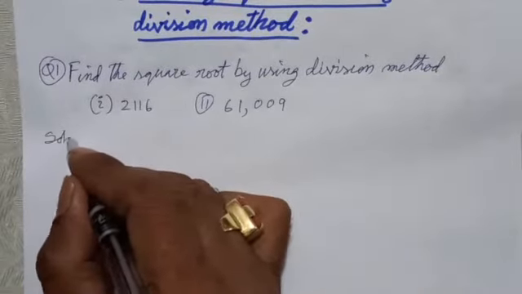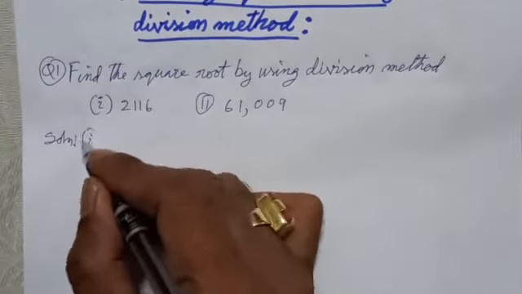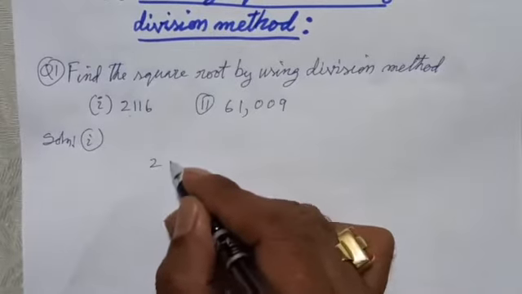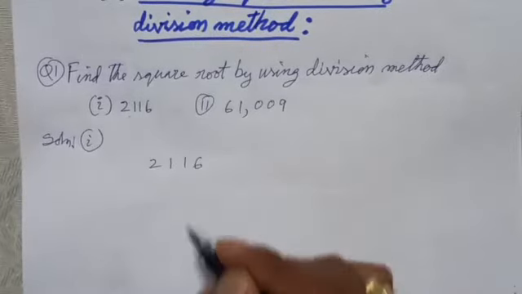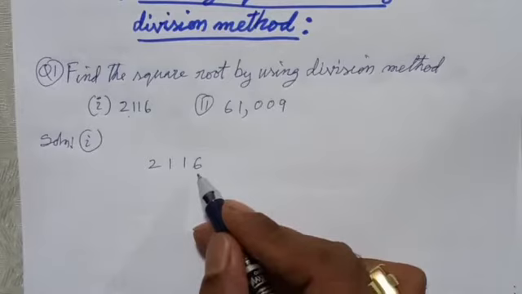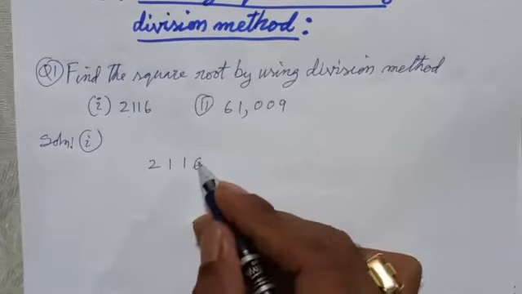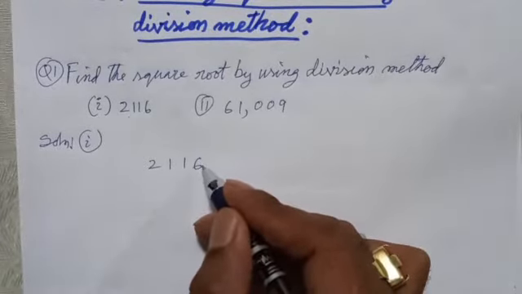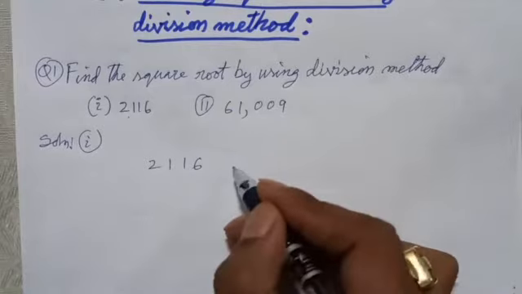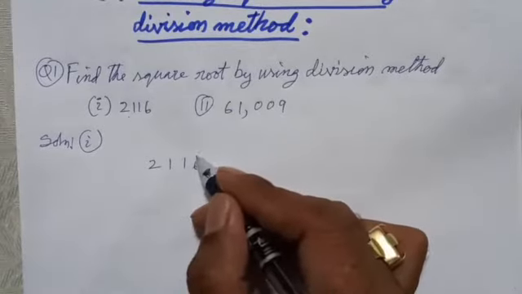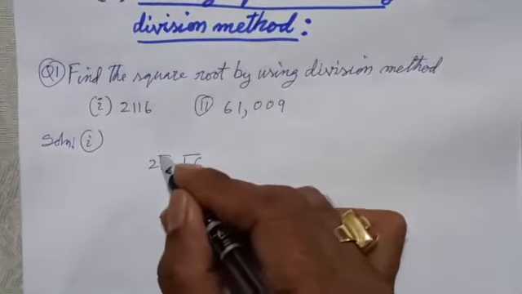Now, solution. Roman number 1, the first given number is 2116. First we have to count 2 digits and put a bar, starting from the right side to the left side, like this.